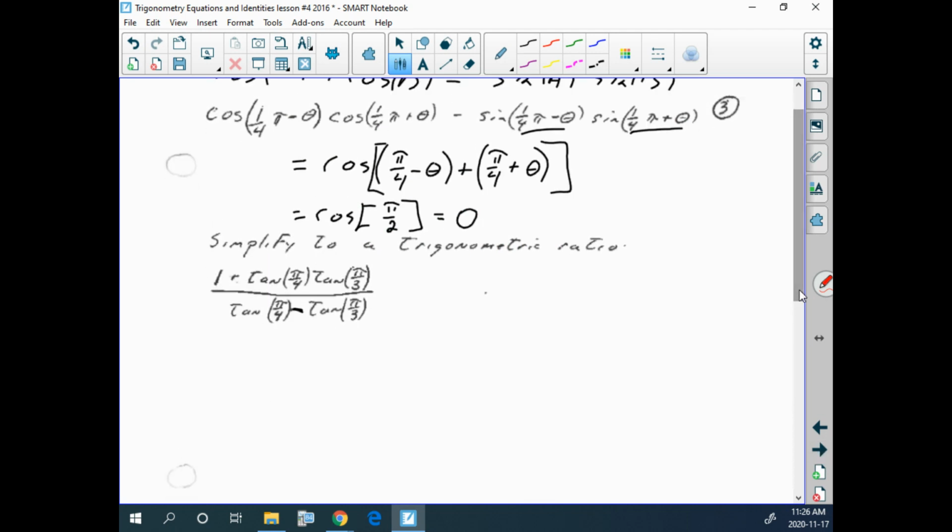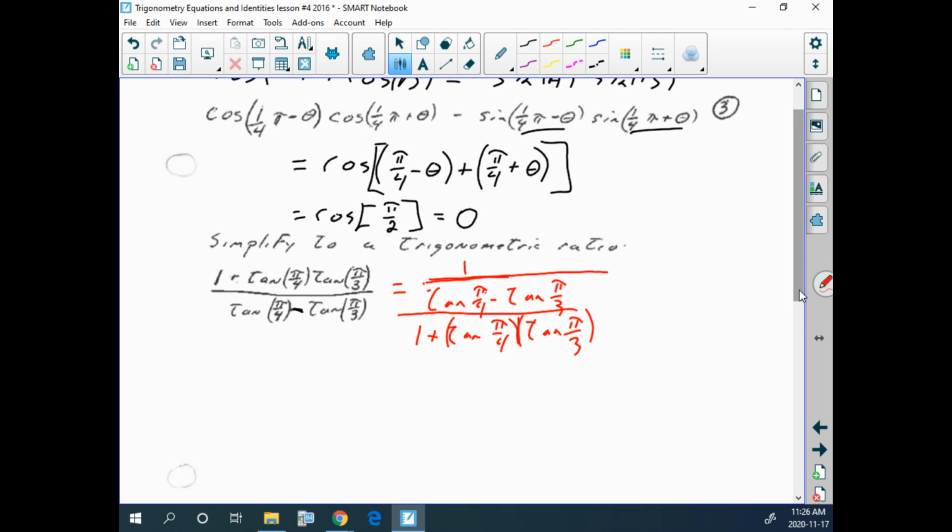Now, if I want it to look like I want, so what I actually have there is the reciprocal of what I have on the bottom.